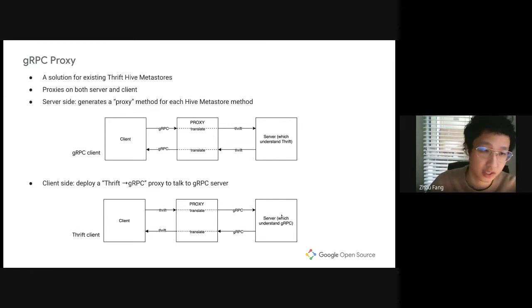So we need two proxies, and you can imagine the local communication between the client and its proxy, and between the server and its proxy, is still Thrift, but the communication between the two proxies on the public internet now becomes gRPC. So here is the idea of the proxy. Now you can see we don't need to change any code of the Thrift server, but we can make the communication gRPC.